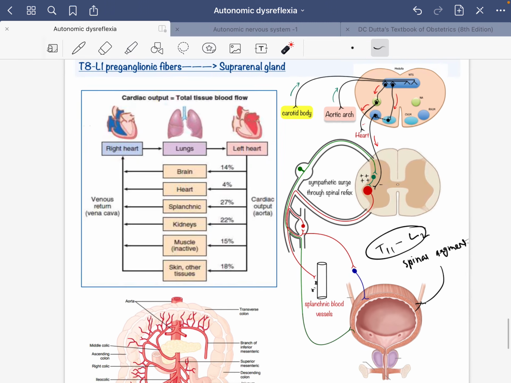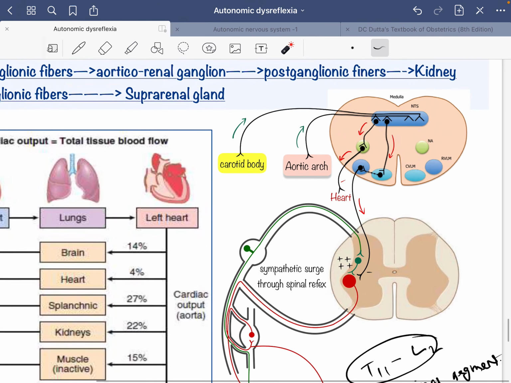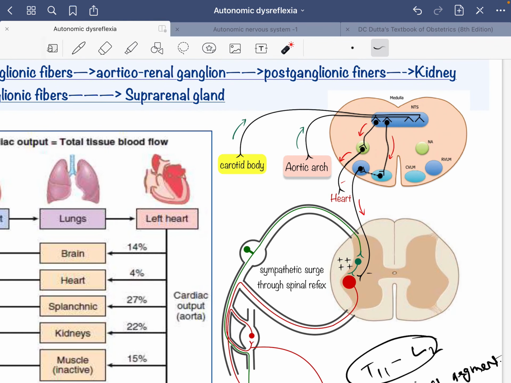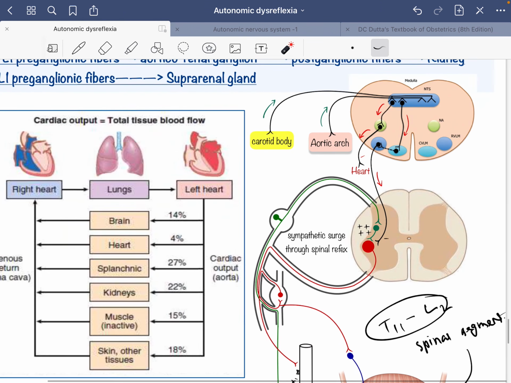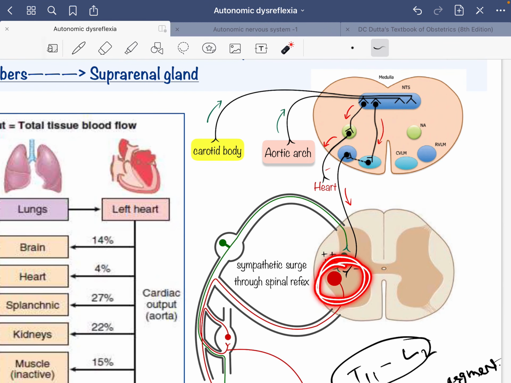So you may ask a question that, as I explained, multiple mechanisms are happening there, so why is the blood pressure not increasing so much? Yes, because Allah Subhanahu wa Taala has given the vasomotor center in our medulla, and the medulla detects that our blood pressure is going up, and that's why it suppresses the lateral horn cells of the spinal cord through the rostral ventrolateral medulla.